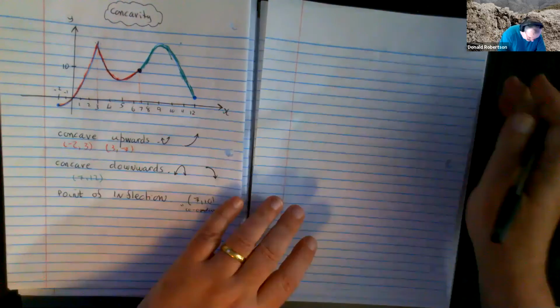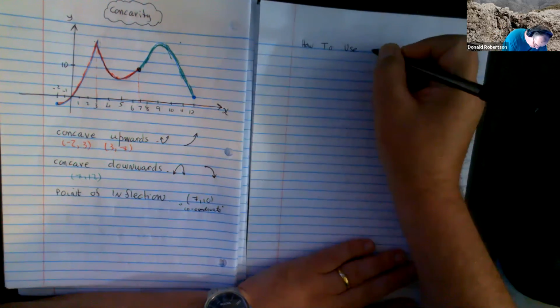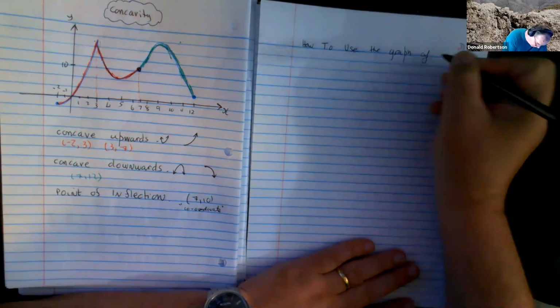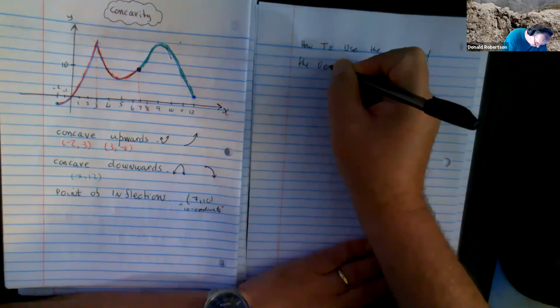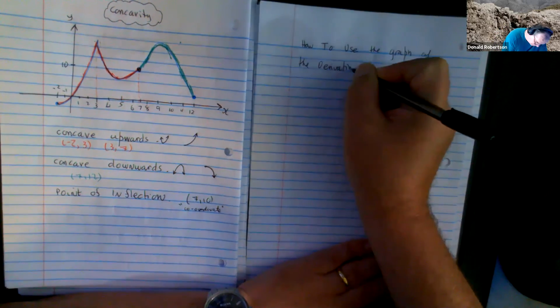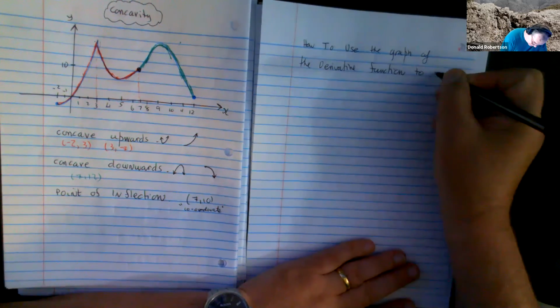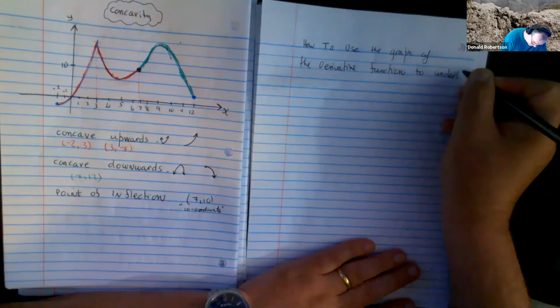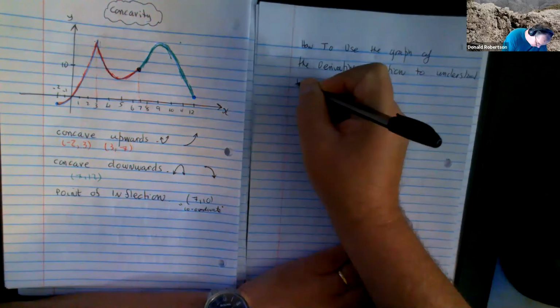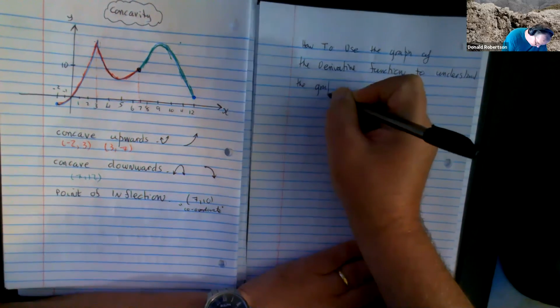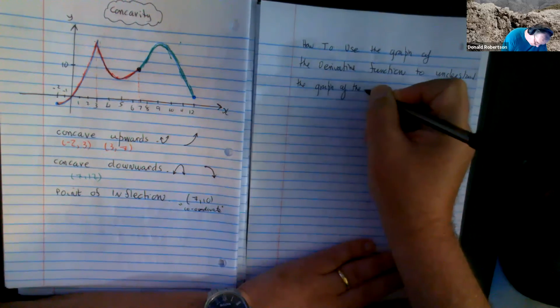Now, we're going to look at how to use the graph of the derivative function to understand the graph of the original.